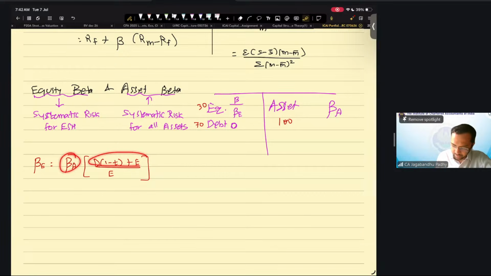Asset beta is for this entire term, so this magnifies our total beta. And then you divide it by only the equity, which tells you the risk undertaken by the equity shareholder for every rupee of their investment. Okay. That's your equity beta and asset beta relation.